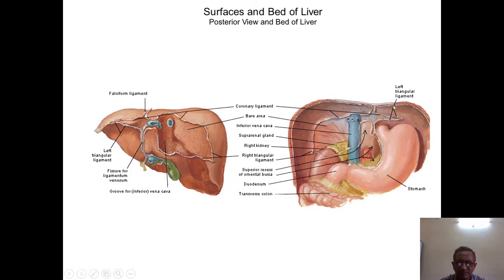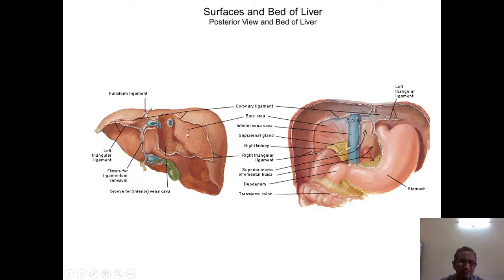So this part is bounded by the left triangular ligament, coronary ligament, and the inferior vena cava. This part is the bare area, and again on this side, this is the bare area. We are showing bare area here also.